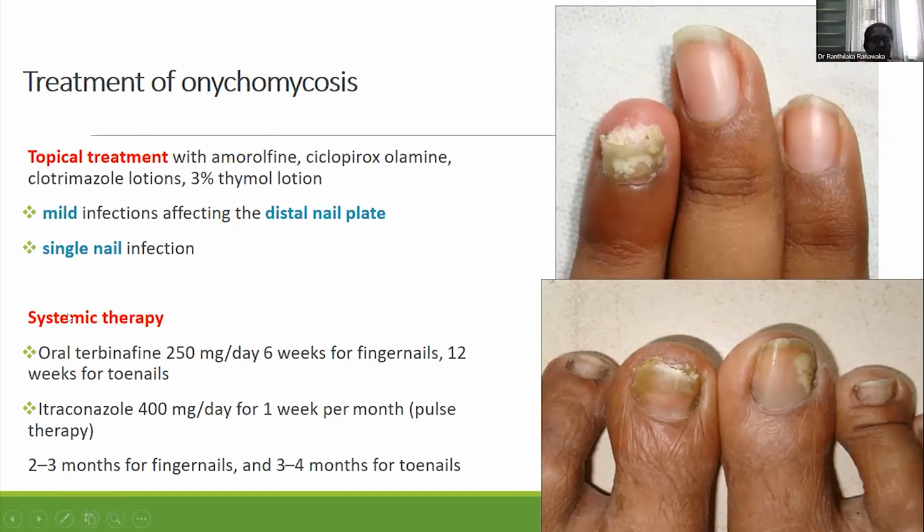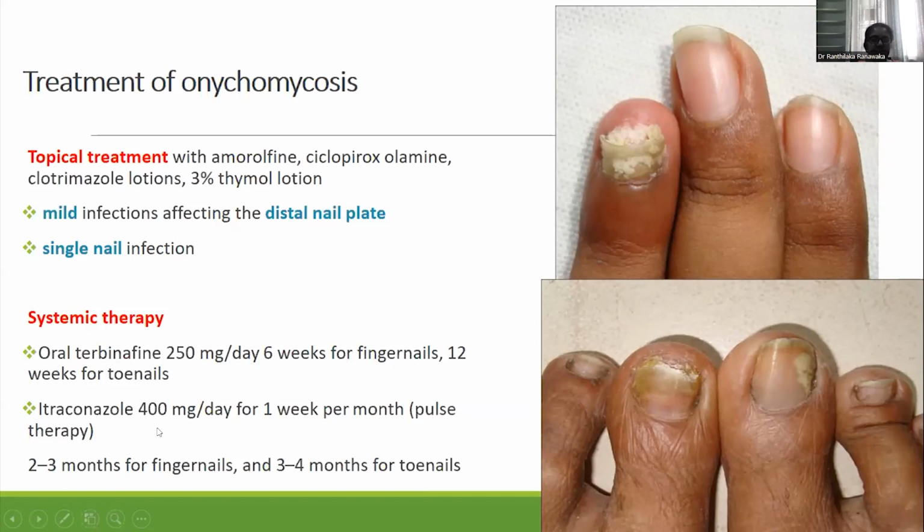So systemic therapy, we have to give terbinafine 6 weeks for fingernails and 12 weeks for toenails. In between treatment is not effective. So if you decide on giving systemic therapy, for fingernail infection, you have to give for 6 weeks. For toenail infection, 12 weeks, that is 3 months.